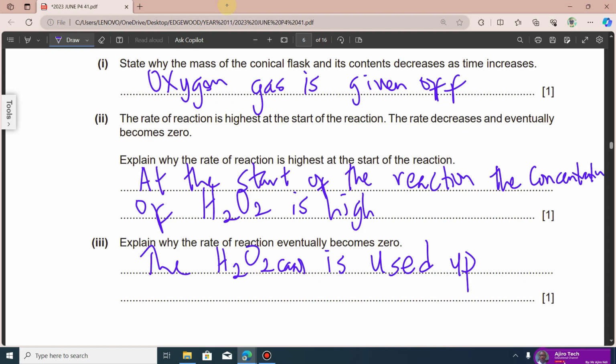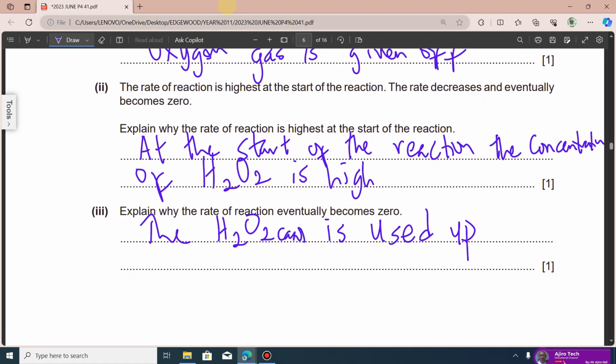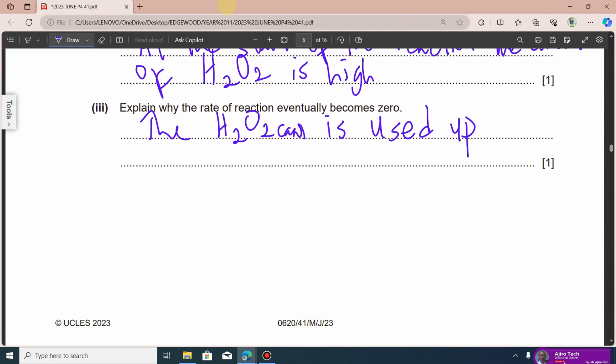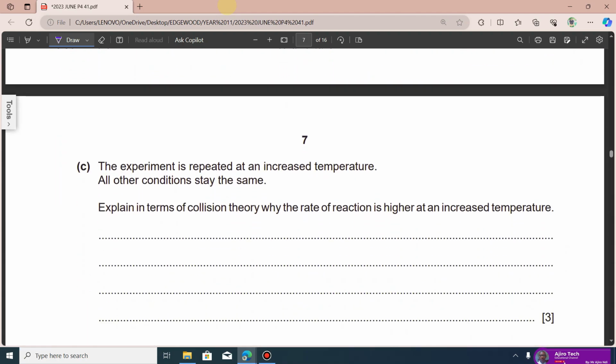Okay, so that is why the rate of reaction eventually becomes zero. The hydrogen peroxide has been used up. All right, so I believe that is clear enough. Okay, so move to the next question.